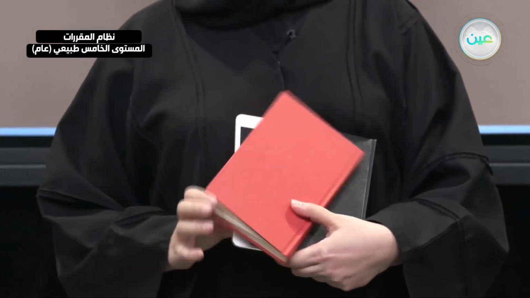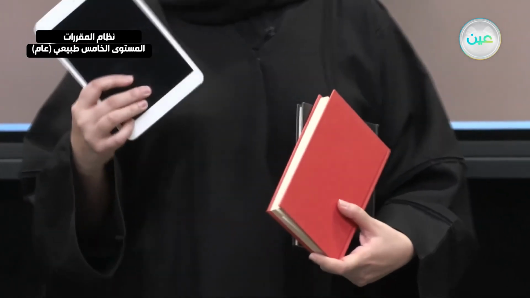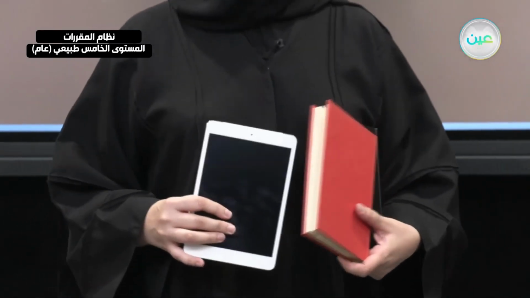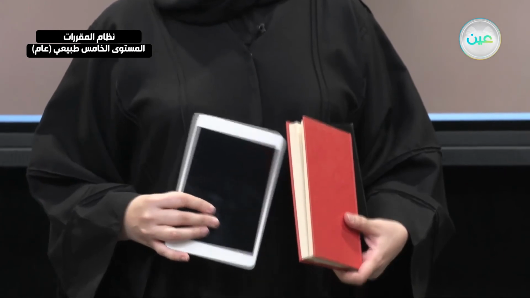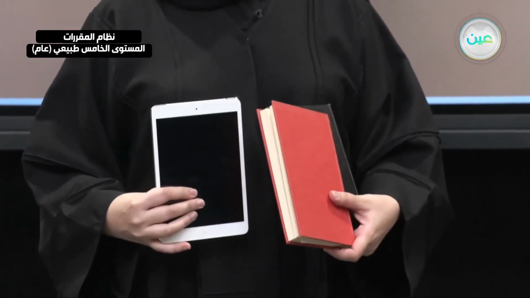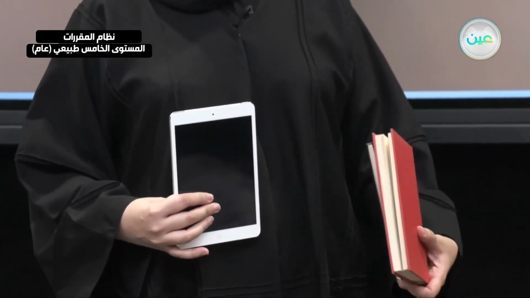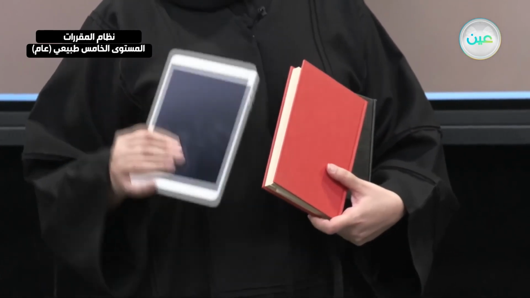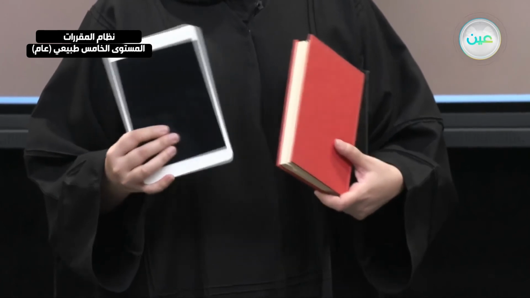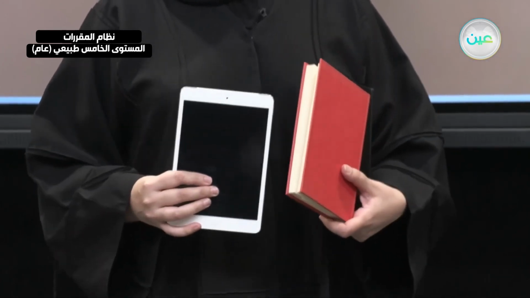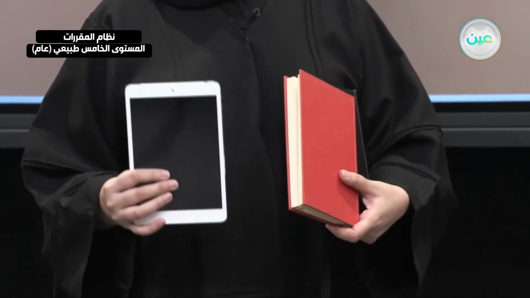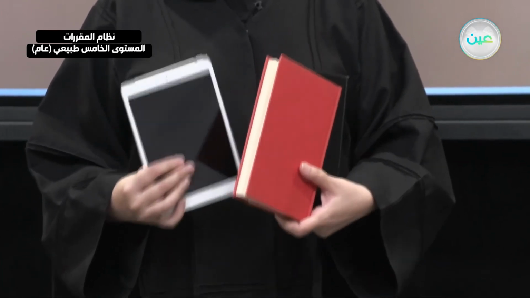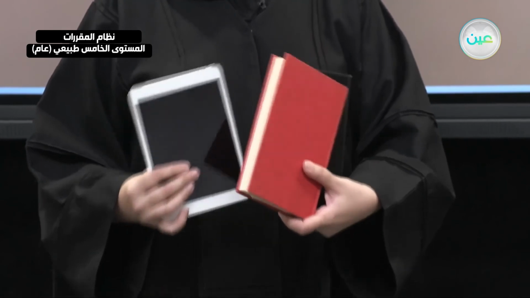Other people prefer the electronic books, or e-books, that a lot of people use nowadays. So there are differences between them, and some people still prefer the old way, and other people prefer the new way. There is no wrong or right. They are all points of view. You can accept either one. It depends on what you like and what you enjoy more.